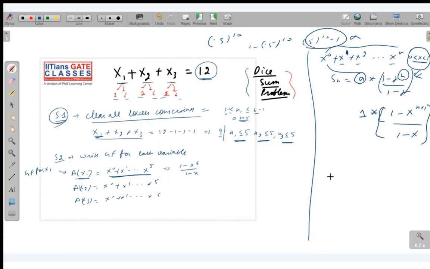Finally, (1 minus x^6) upon (1 minus x), here also, and here also. We have got it. Now please take a snapshot. Step 3 I will tell you in the next slide.